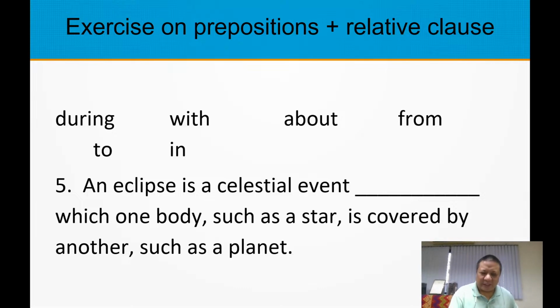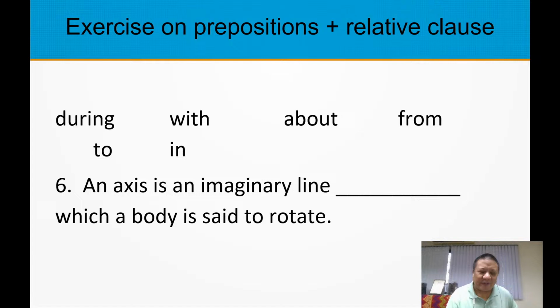Okay, and finally, number six, an axis is an imaginary line blank which a body is said to rotate. Okay, now you can say an axis is an imaginary line about which a body is said to rotate.